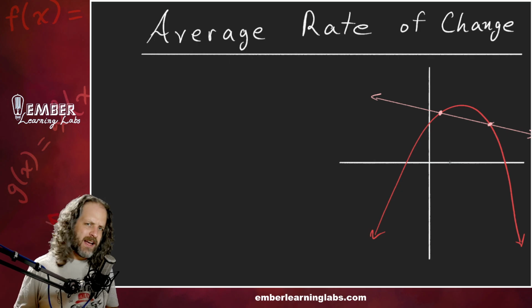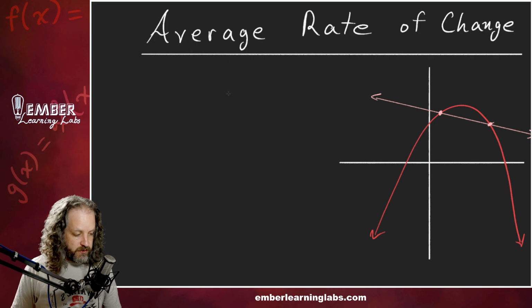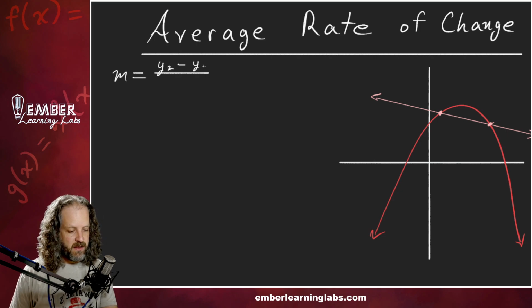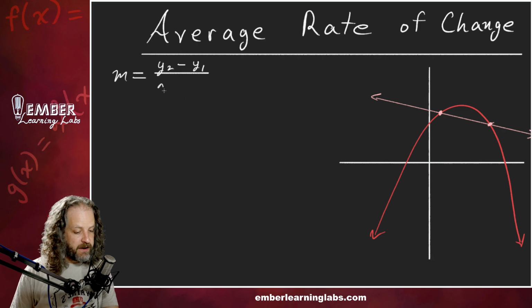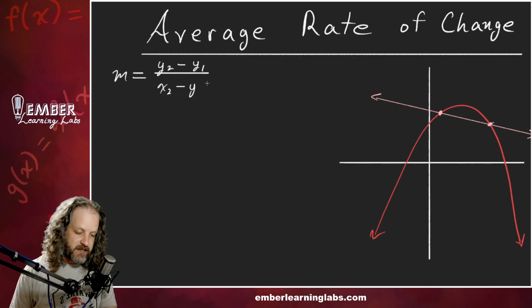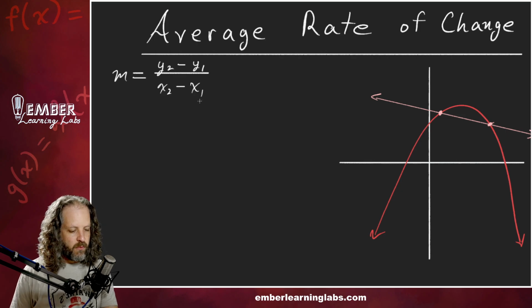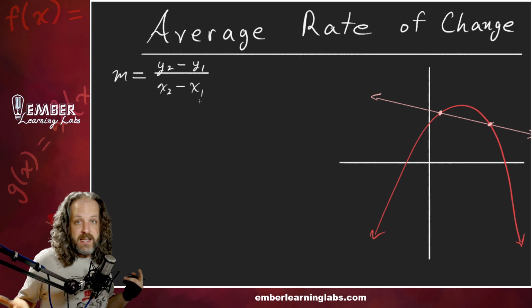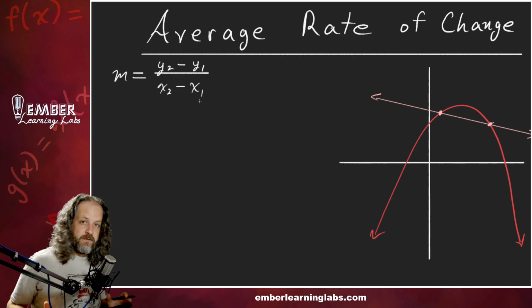If it was linear, we would use this formula: m equals y2 minus y1 over the difference of the x's. That's the slope formula, and we've been using that for ages. That's how we calculate slope, which is the rate of change of a linear function.